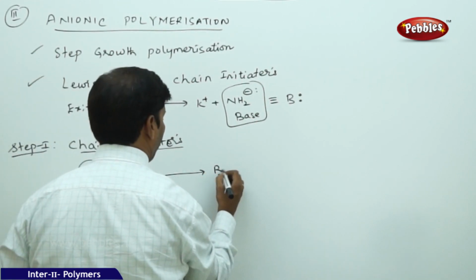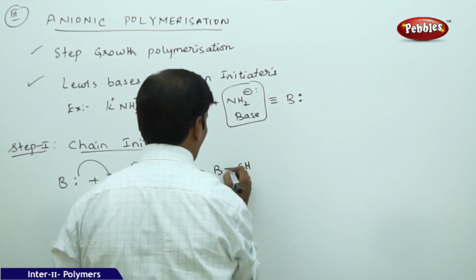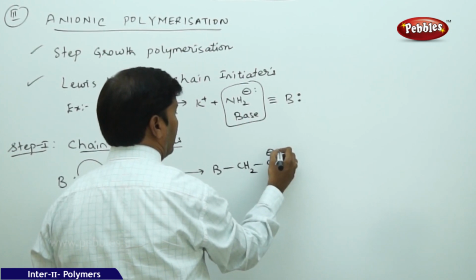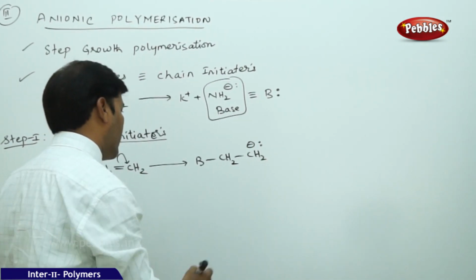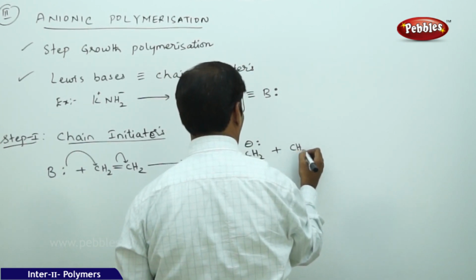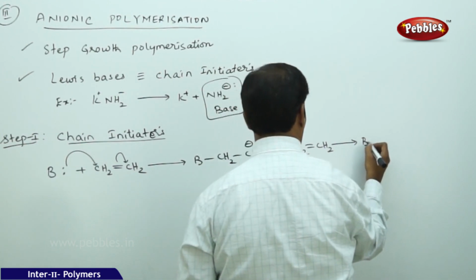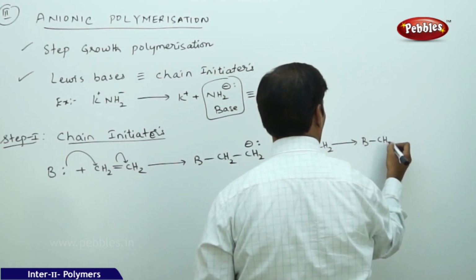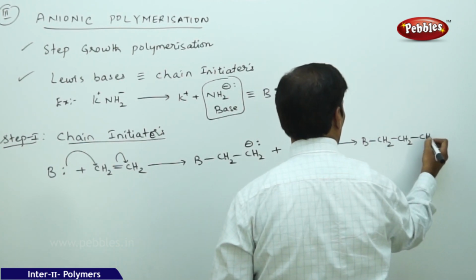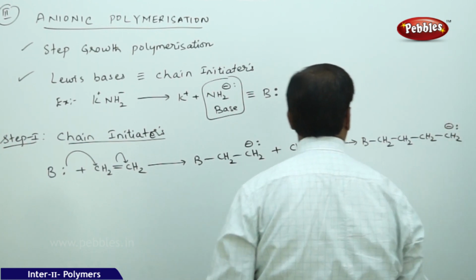The base forms a new covalent bond with CH2, and the negative charge is restored on another carbon. Again you can go for one more addition of an ethylene molecule. So here you get one more extended chain, B CH2 single bond CH2 single bond CH2 CH2 minus with a non-bonding pair of electrons.